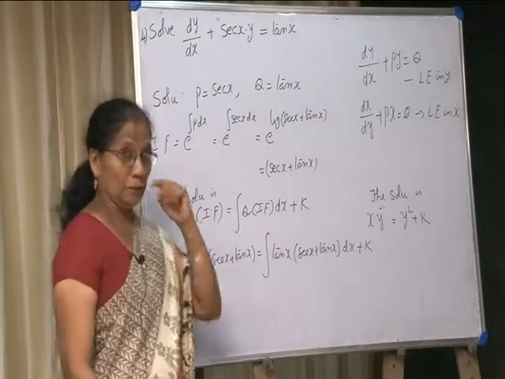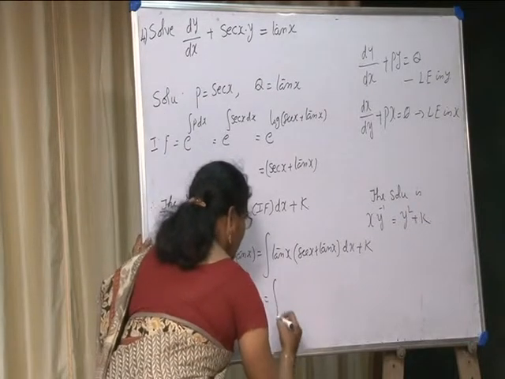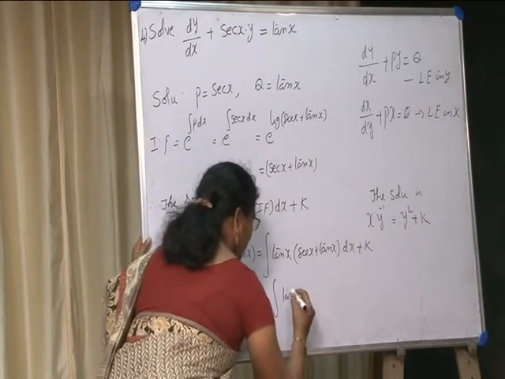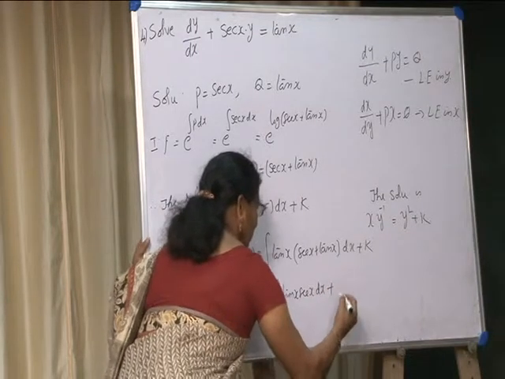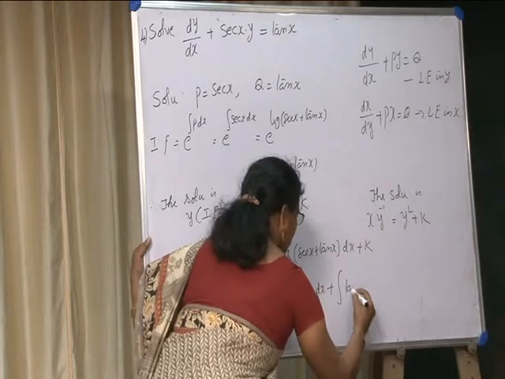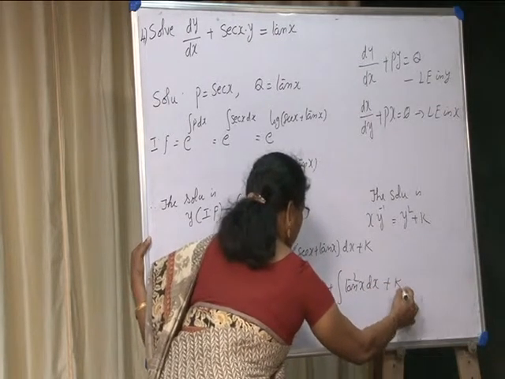So now how to integrate this one? This is equal to integration of tan x secant x dx plus integration of tan squared x dx plus k.